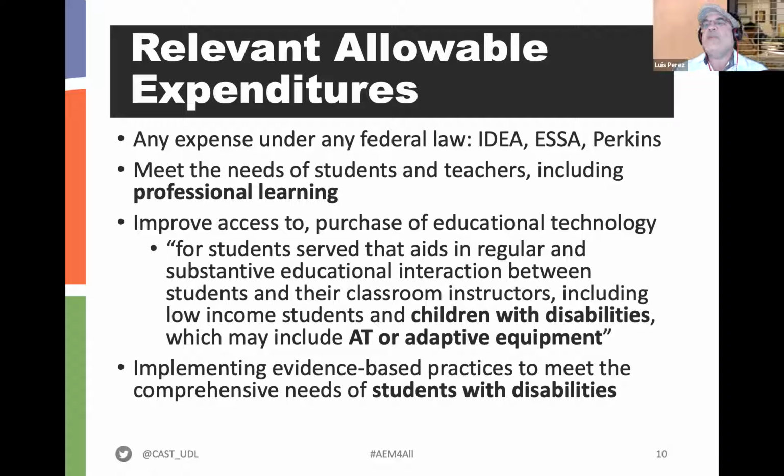It could be meeting the needs of students and teachers, including professional learning. That's an allowable use. And then the purchase of educational technology is also an allowable use. And of course, evidence-based practices to meet the comprehensive needs of students with disabilities.